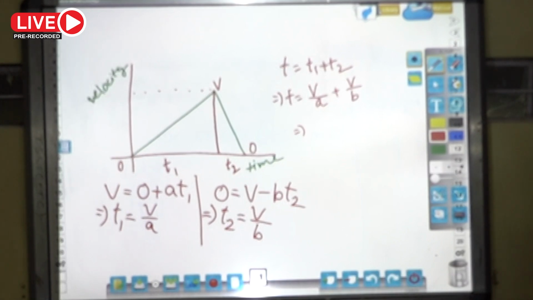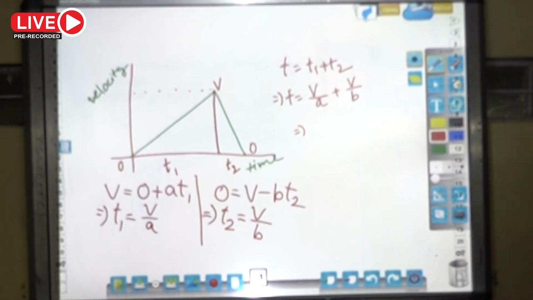After 6 seconds, another ball is thrown downward from the same platform with speed u.